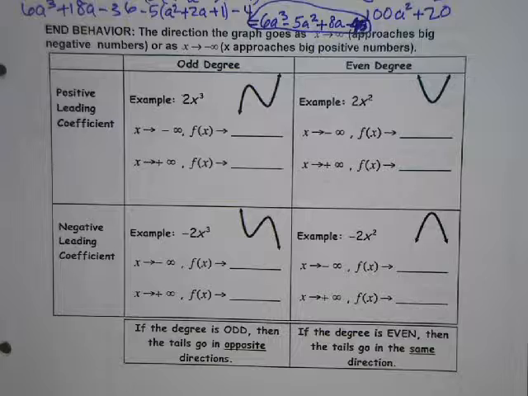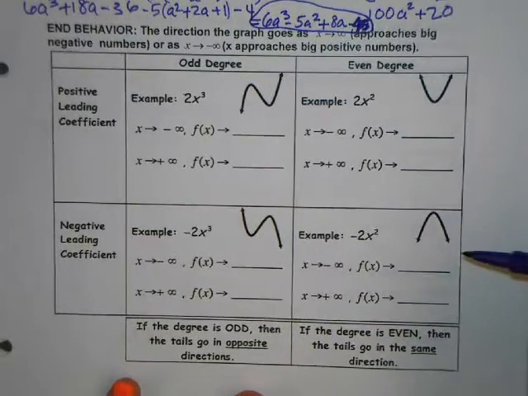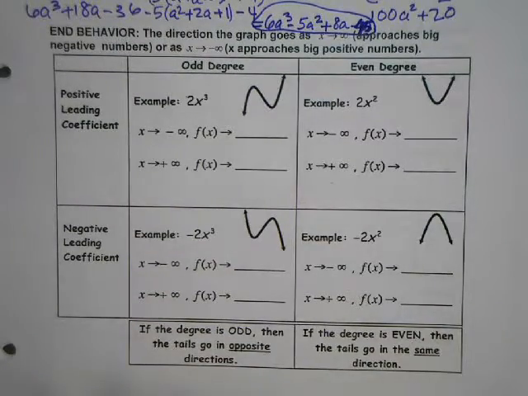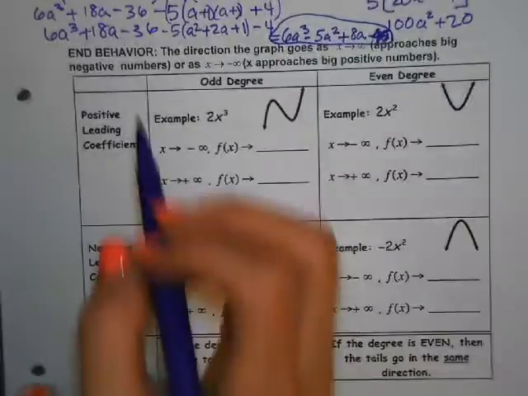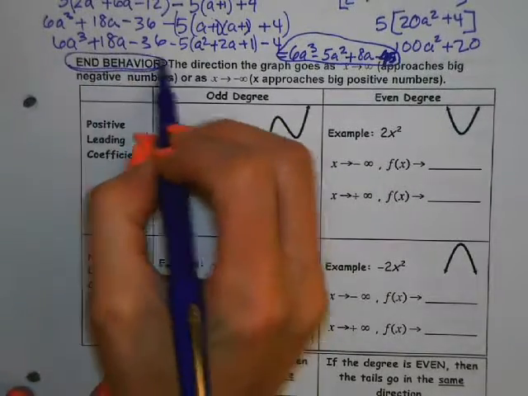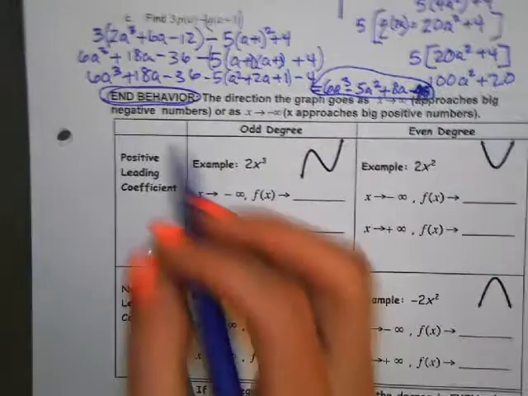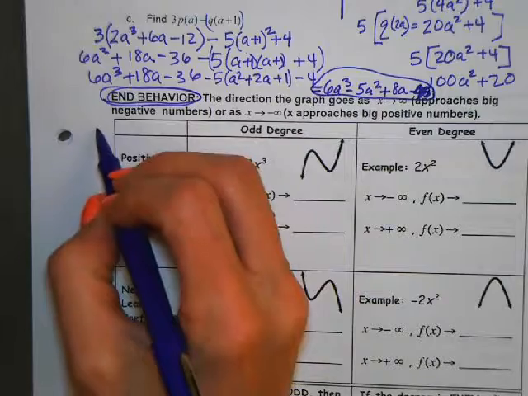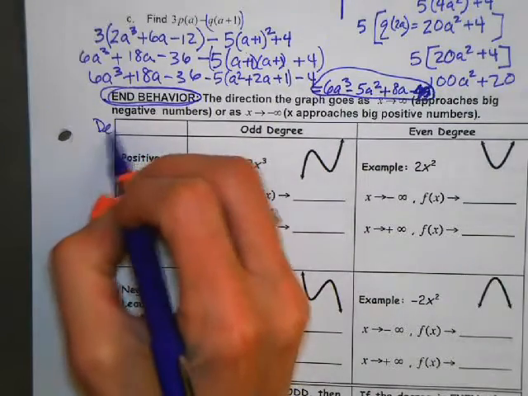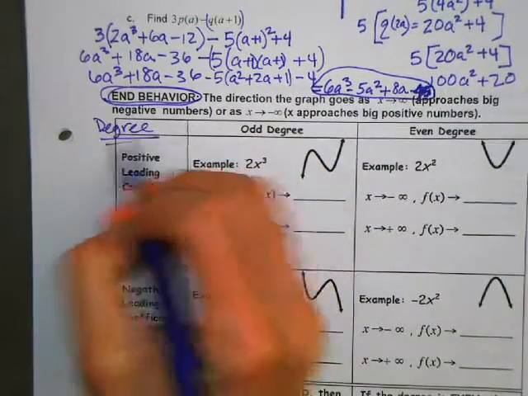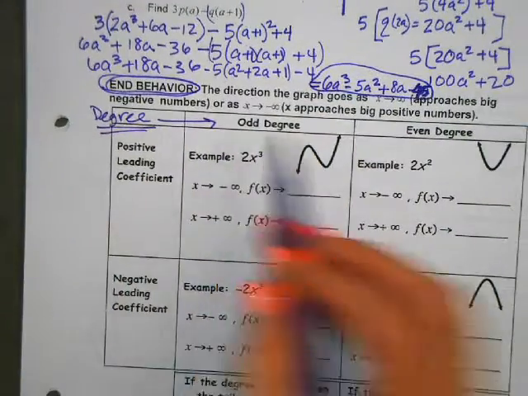They're going in the same direction, right? They're both going up or they're both going down. So when we talk about end behavior, we want to look at the degree. And when we look at degree, we need to know, is it odd or is it even?